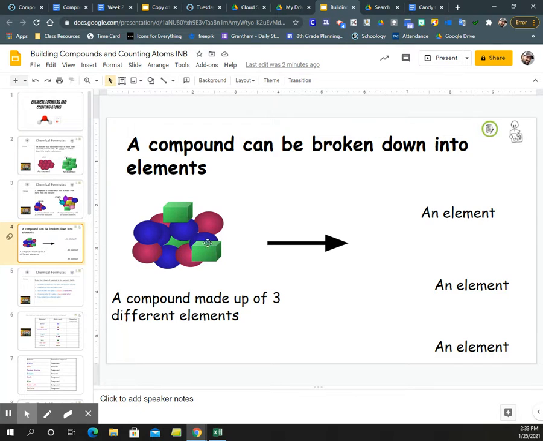So we have a total of 3 different elements here. An element is a pure substance, but a compound is when 2 or more elements combine. So think of a compound word. A compound word is a word that's made up of 2 separate words. Well, a compound is made up of 2 or more different elements.